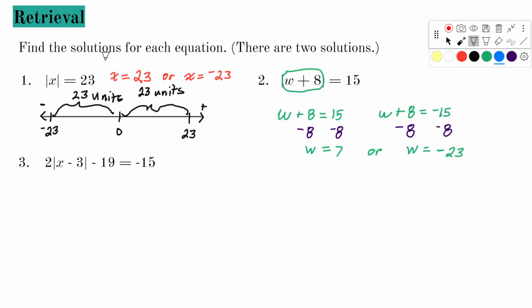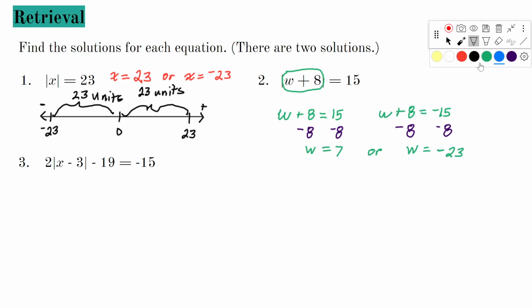Now keep in mind, in both example 1 and example 2, the absolute value was isolated. There wasn't anything being subtracted from it or being multiplied with it like there is on number 3. So before we do any solving, we must isolate the absolute value.